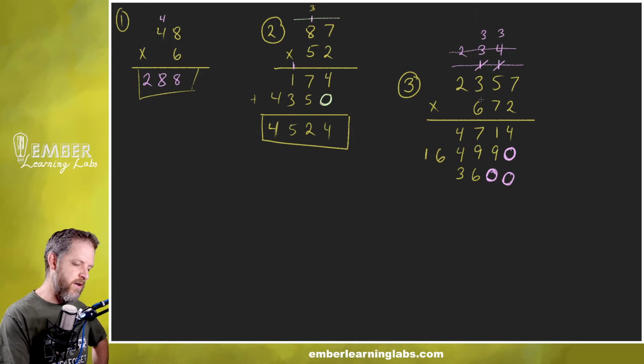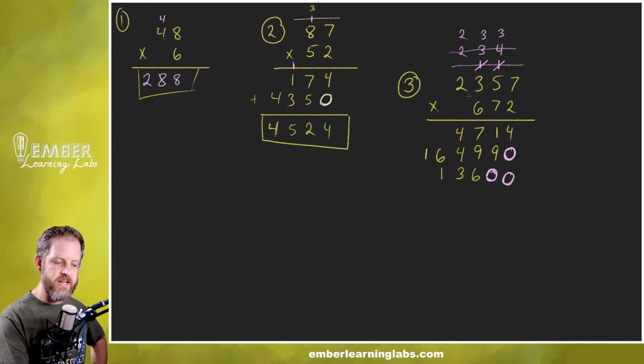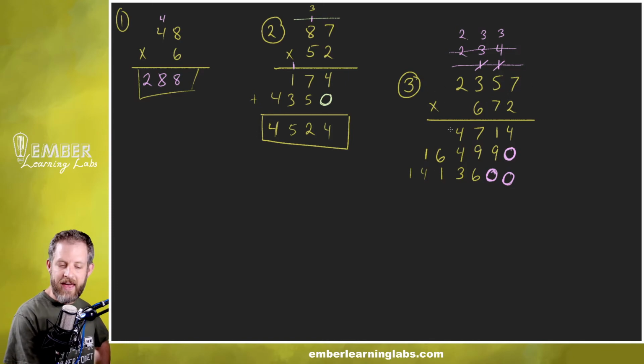Okay. Now 6 times 3 is 18, plus 3 is 21. 6 times 2 is 12. 12 plus 2 is 14. 1, 4. So we've gotten through all of these pieces all the way to the end of that piece.